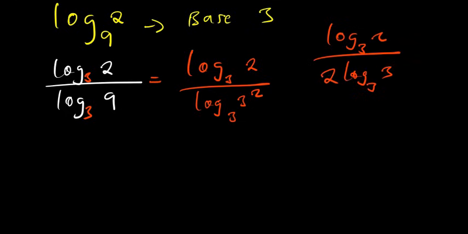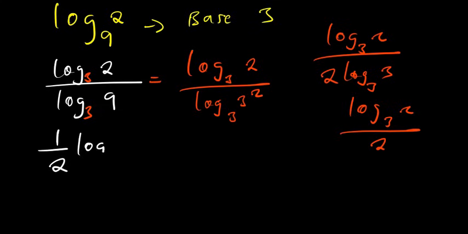Log base 3 of 3 is 1. So this simplifies further to 2 times 1, which is just 2. But this can be written as 1 over 2 times log base 3 of 2.